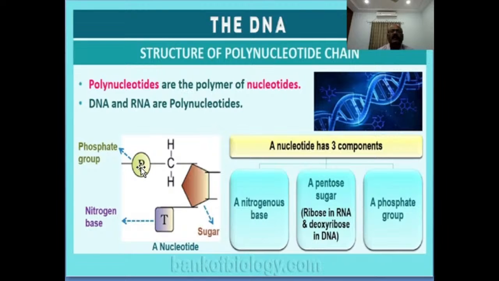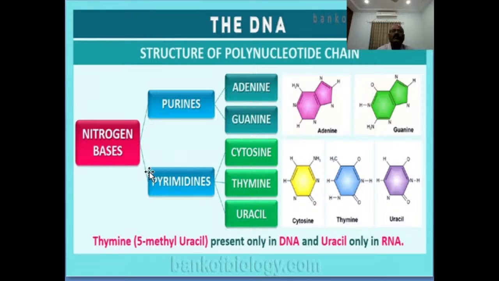So the phosphate is connected to the sugar. So nitrogen base, sugar, phosphate, these 3 together are called a nucleotide. So many nucleotides are there in DNA and RNA. That's why DNA and RNA are called a polynucleotide chain. This is the structure of a polynucleotide chain.